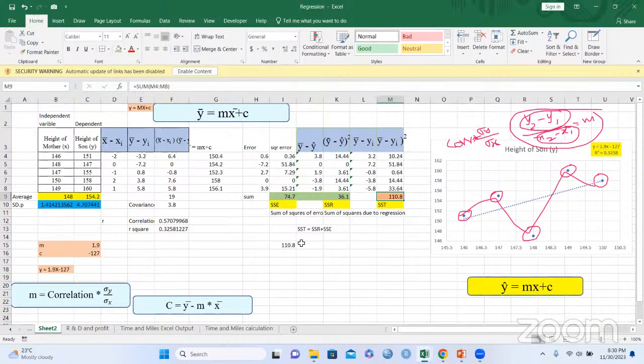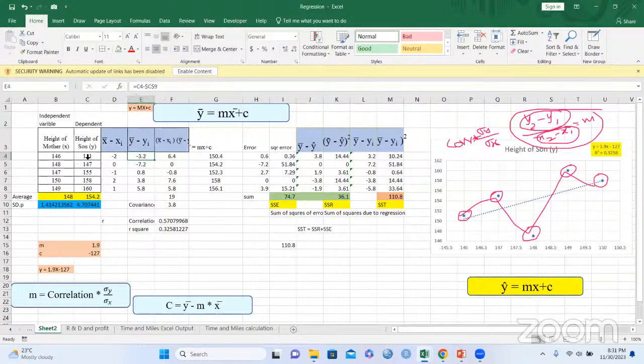Sir, column number E. Column number E, this one. E is the same as column number L. Yes. But here the sign values are minus. Why? Because here I have used y bar minus y, but in this case I have taken yi minus y bar.